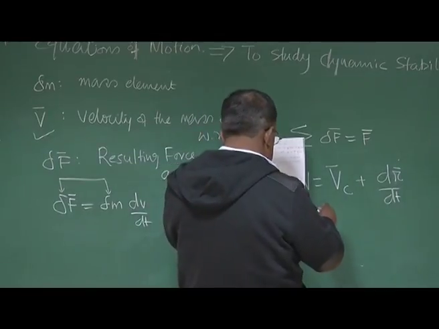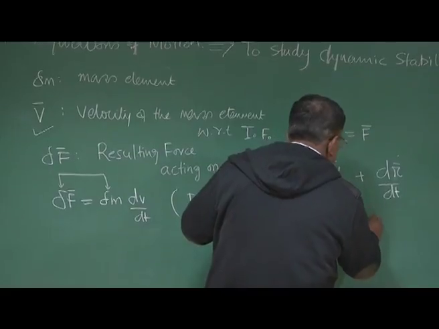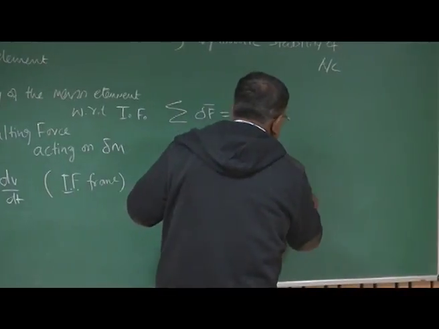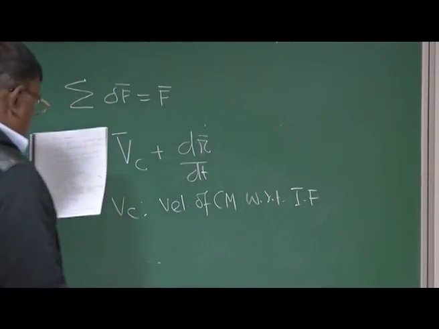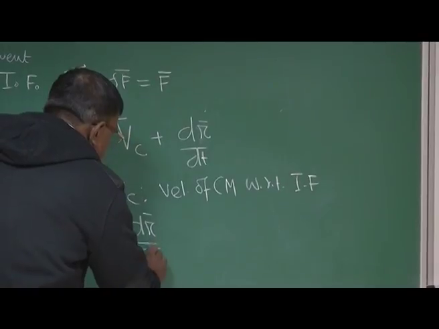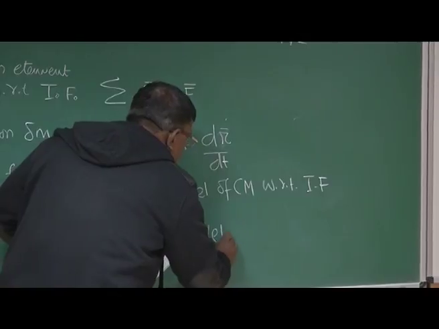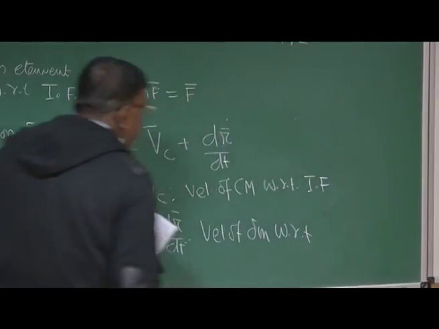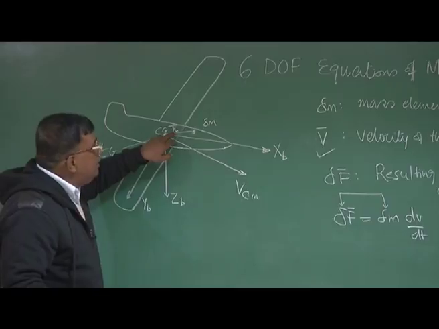Then I can write, of course, Vc is the velocity of the center of mass with respect to the inertial frame. I will keep on writing so that it goes into your mind, and dr by dt is the velocity of the elemental mass, the velocity of dm with respect to what? Dr by dt, r is measured. What is r? Let us understand.